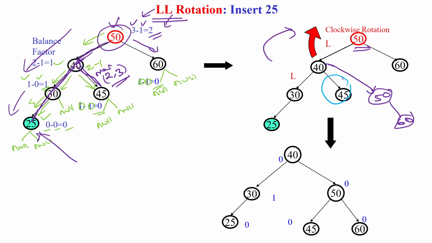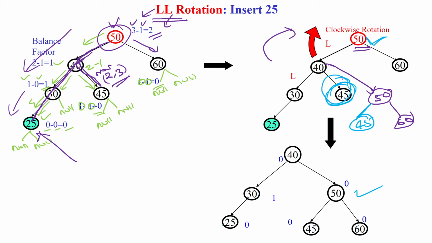This 45 is the right child, and now it is going to be added as the left child of its previous parent. 50 is the previous parent of 40, so the right child of 40 is going to be added as the left child of 50. Now look at this, this is the structure we got after rotation.